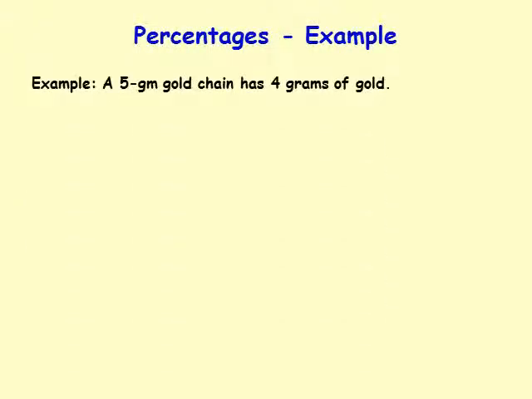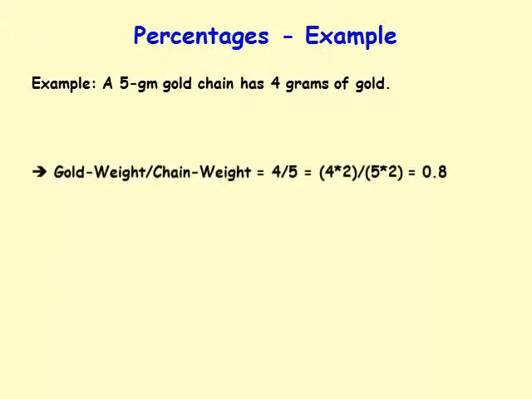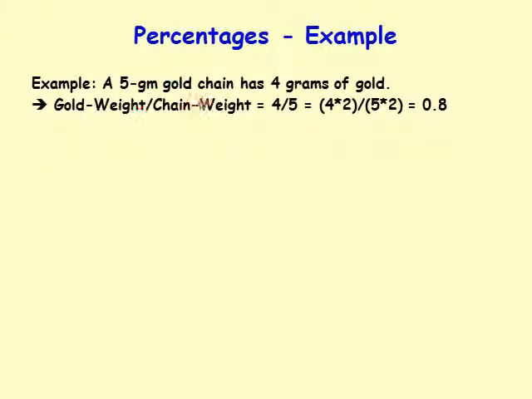Let's look at an example here. A 5-gram gold chain has 4 grams of gold. We are interested in how much gold there is as a percentage. The gold weight to chain weight ratio is 4 grams to 5 grams: 4 divided by 5, and that is 0.8.